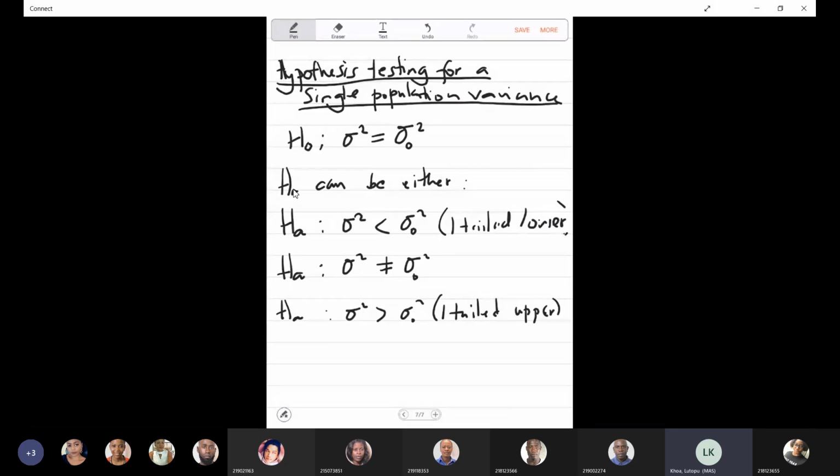Okay, so that is a lower. And then the one in the middle over here, this is a two-tailed test. So with a one-tailed test, let me see, this is number one, the lower.